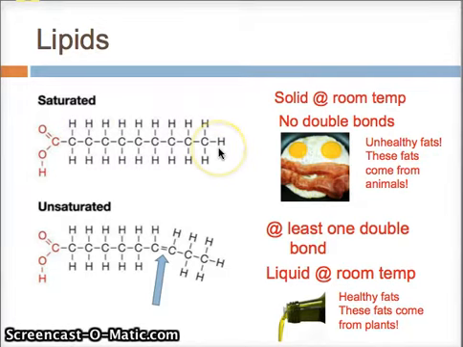That means no double bonds. Also, these bad boys are unhealthy. Those are the ones that are going to clog your arteries. All of these come from animals in some way, shape, or form. So think about that bacon grease. That's a saturated fat.